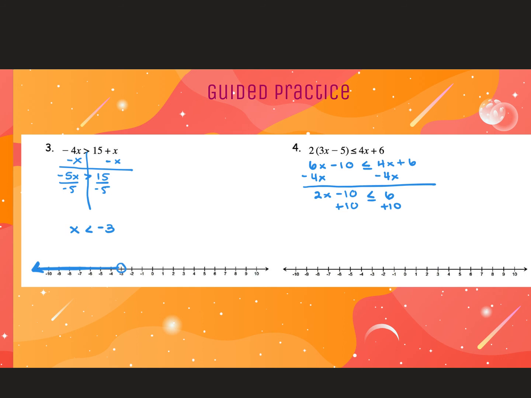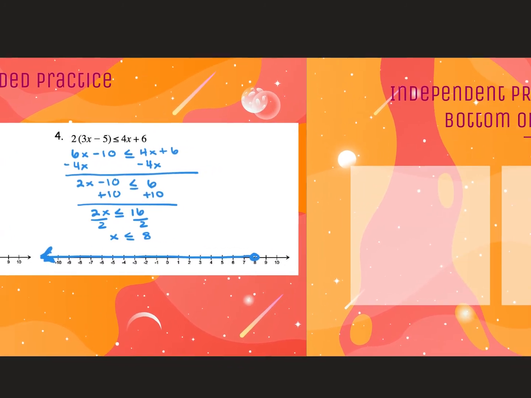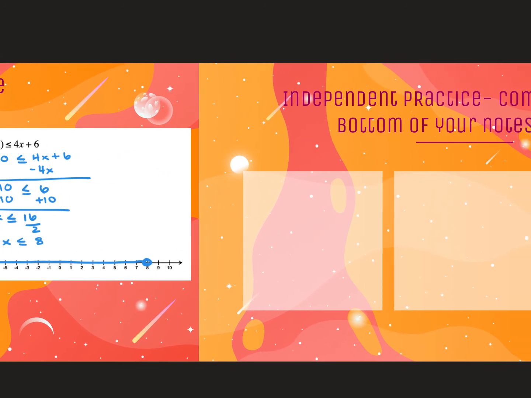Add 10 to both sides, and I have 2x is less than or equal to 16. Divide both sides by 2, and I get x is less than or equal to 8. So going to have a closed circle at 8, and I want those values that are less than 8. For these examples, all of them were showing less than, where you shade to the left. That's not going to be the case all the time. There will also be times where you have to shade to the right. But these examples just showed shading to the left.